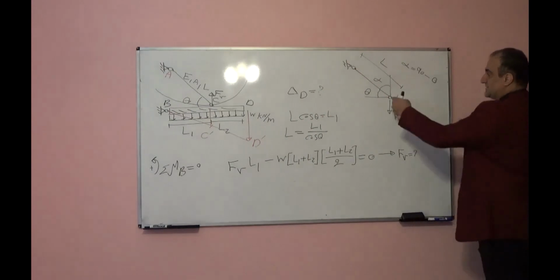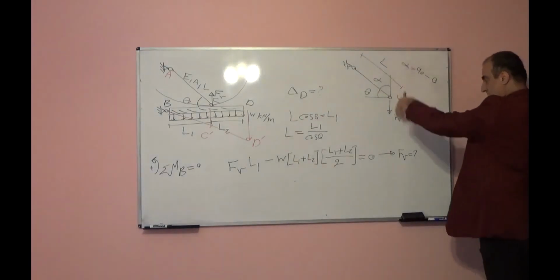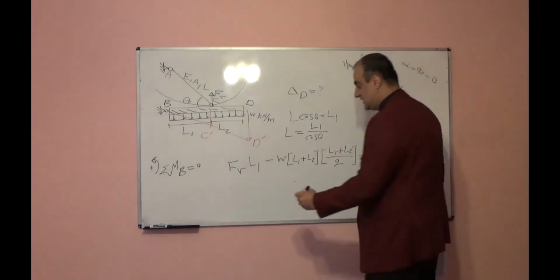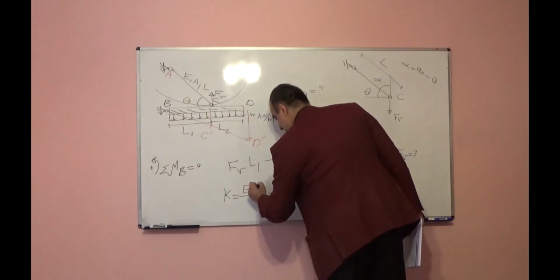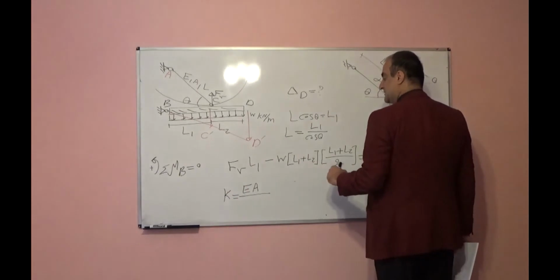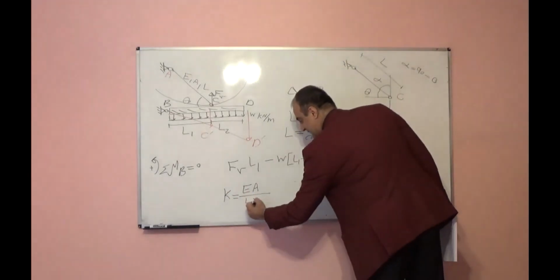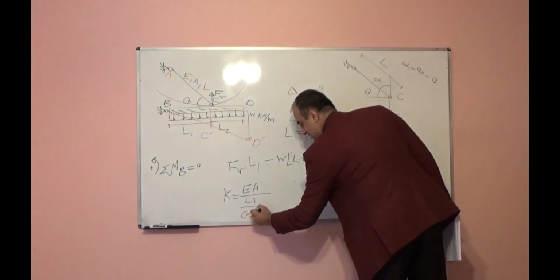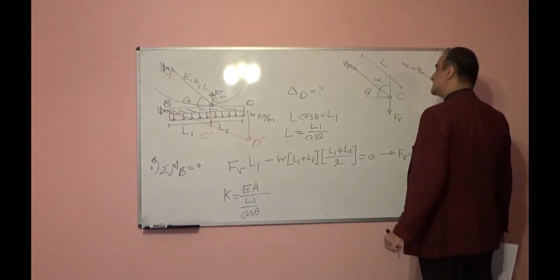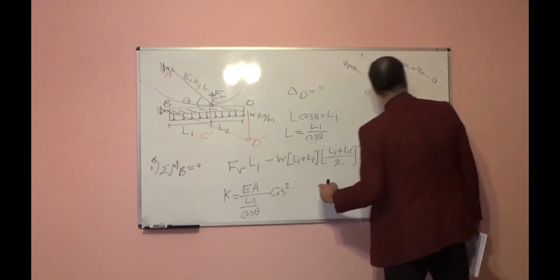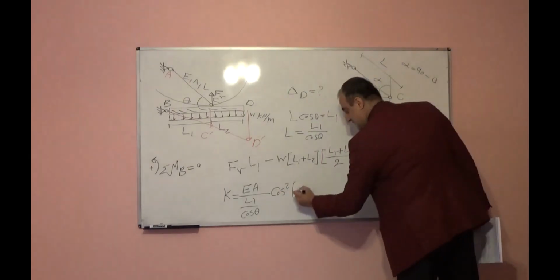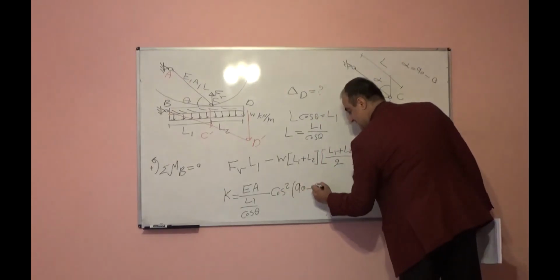So the stiffness of this rod in the force direction will be EA divided by L, which is L1 over cosine theta, times cosine squared of this angle, 90 minus theta.